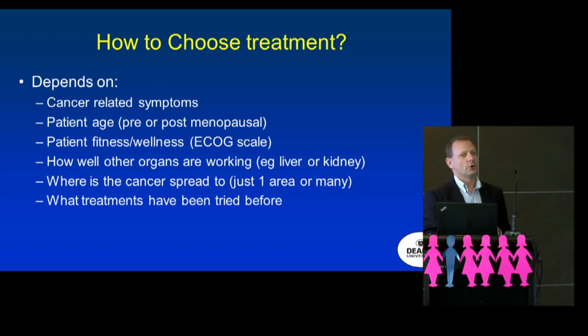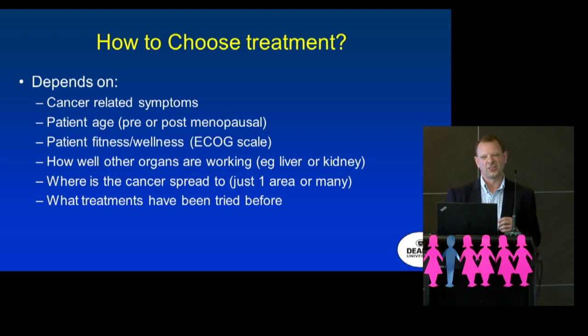The ECOG scale was developed in the 1940s. It's a scale from 0 to 5, where 0 is perfectly fine, 1 is a little bit off, and so on. And a couple of years ago, they got upset because someone did testing on patients, and the patient said, I'm ECOG 1, I'm fairly fit, I'm doing lots of things around the house, I'm playing bowls and golf and everything else.